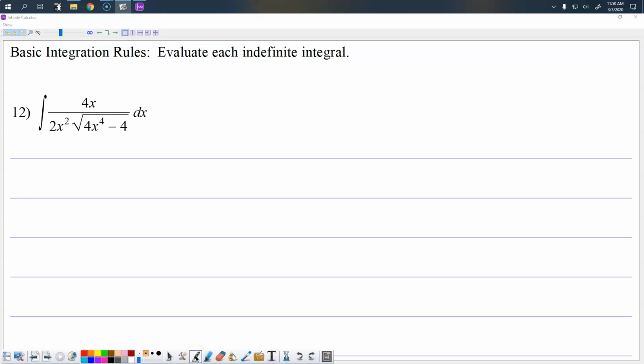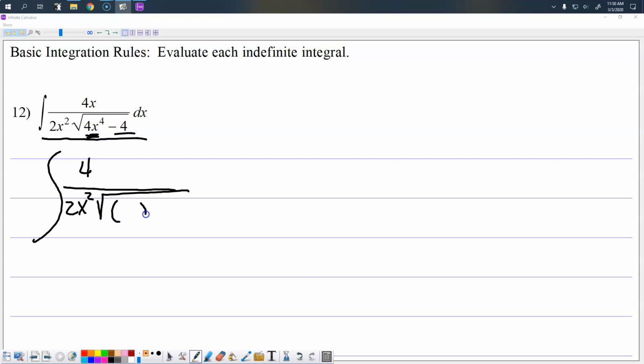This one is, first of all, a U sub problem. So here's the issue. The first thing you're going to want to do is rewrite it a little bit. It doesn't quite fit the arcsecant pattern, but it's close. Because for arcsecant, it has to be a square and a square. So I'm going to rewrite this inside here as a square.